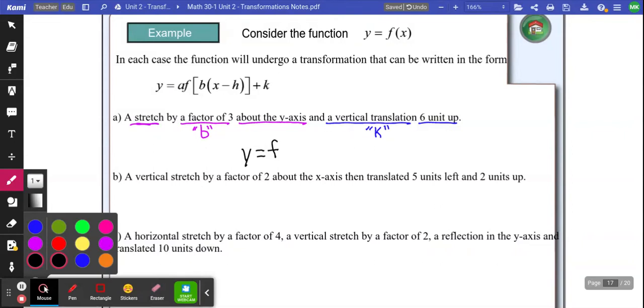When we put this into function notation, it goes to 1 over 3. Function notation looks different. 1 over 3x. And then I do my k value. 6 up means plus 6. That would be my transformed function.